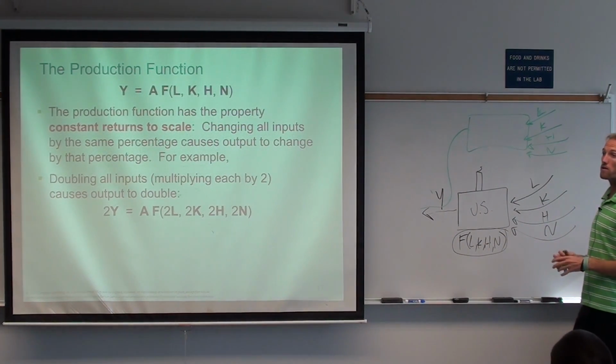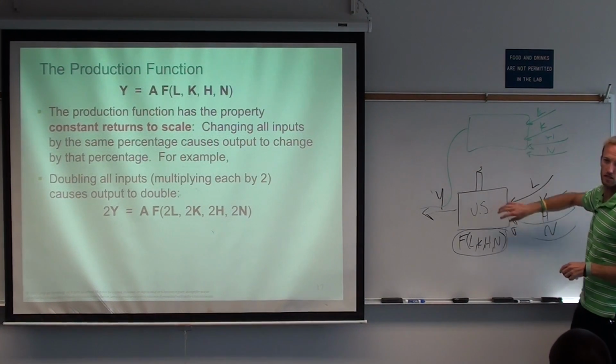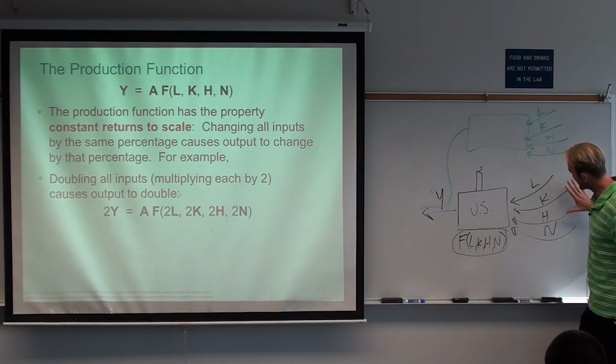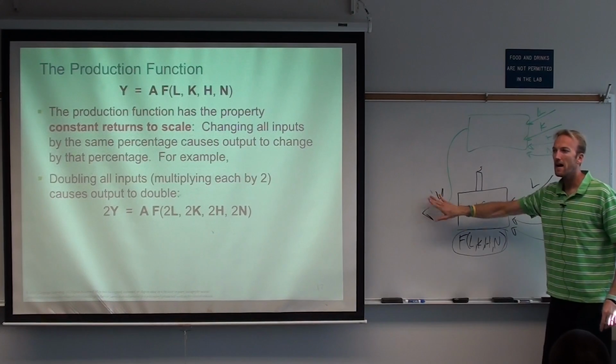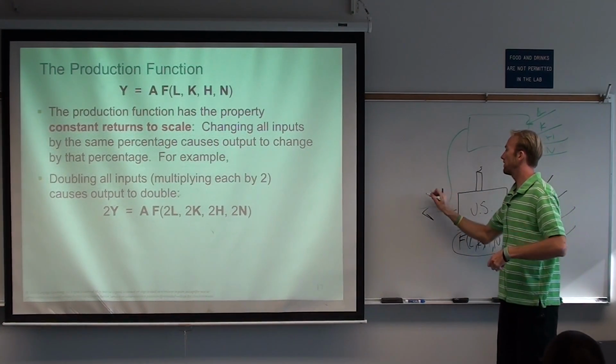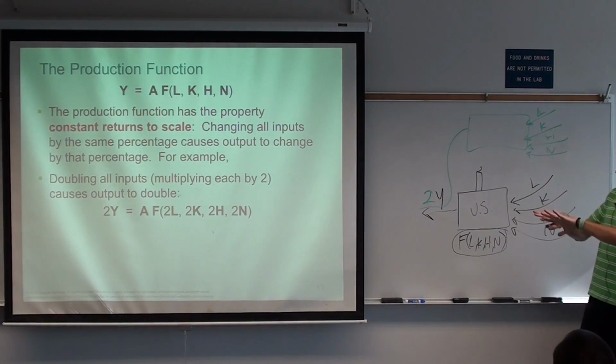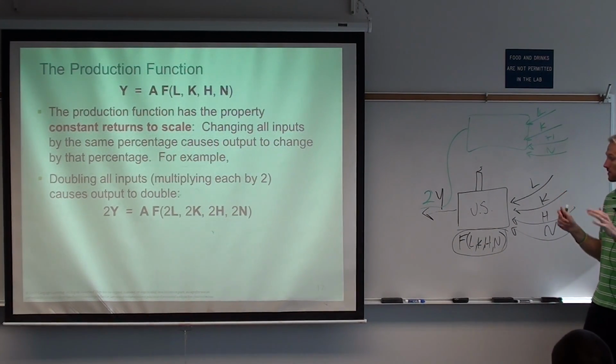So this is more than just a mathematical necessity. This is economic intuition. If I know that exactly this gets me Y, then I know that exactly doubling it will get me 2Y, and it can't get me anything else, okay? And that's even without trying to figure out what the actual functional form looks like, okay?